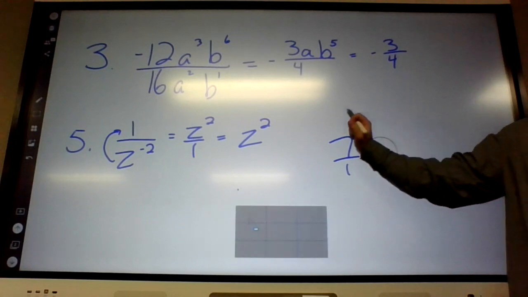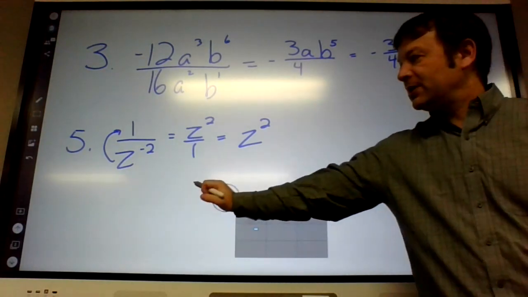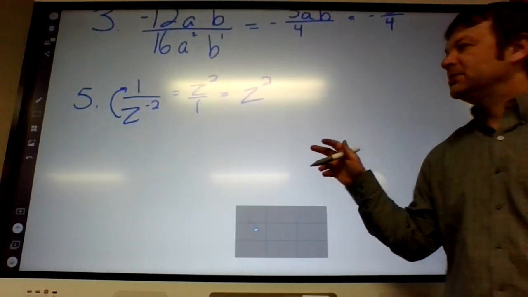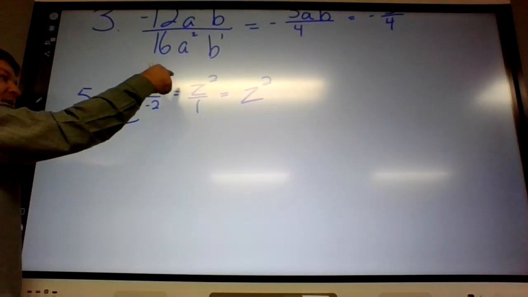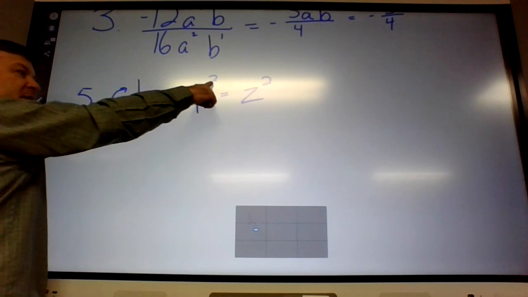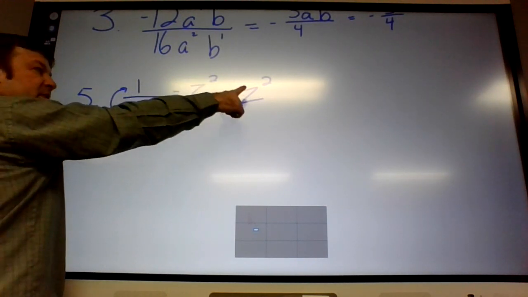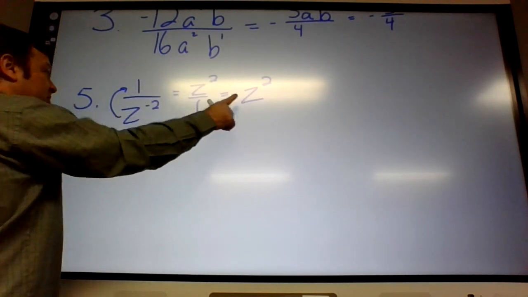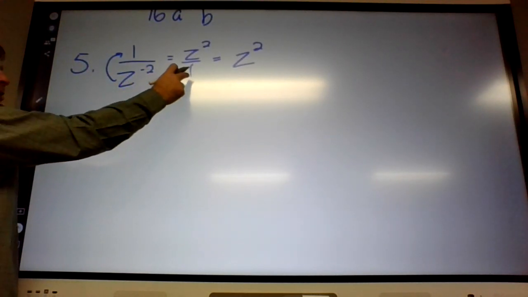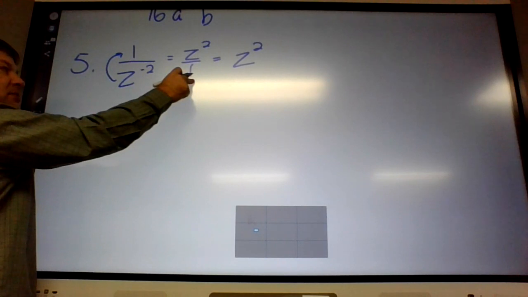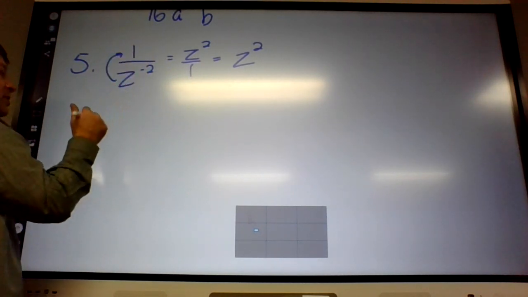So dividing by 1 doesn't really do anything. All right, does that make sense? So I just flipped it to the other side. It's z to the positive 2 on the top, which is just z squared. Yeah, if the bottom is empty, it just becomes a 1. Or if the top is empty, it's a 1 on these.